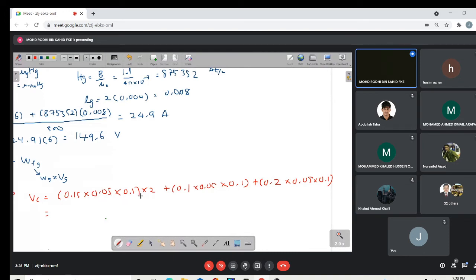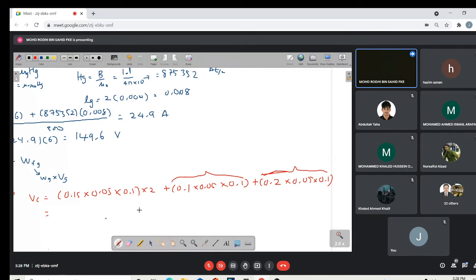This is for the upper section and lower section, so that's why you multiply with 2. This is the left section of the core. This is the right section, which is the single eye core. Anyone can help me?